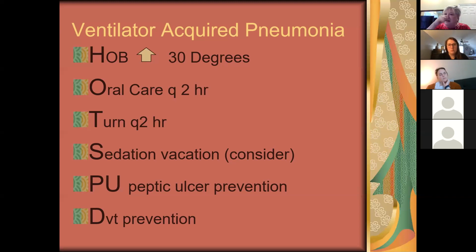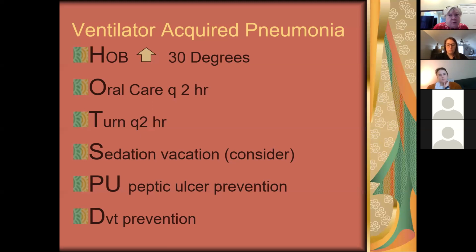Between those times, there are little foam pads. So there's a very specific oral care done every 2 hours. Poor oral care has been shown to be one of the biggest contributors to ventilator-associated pneumonia. Oral care every 2 hours with the chlorhexidine.